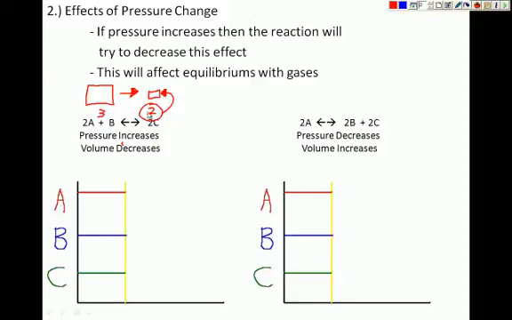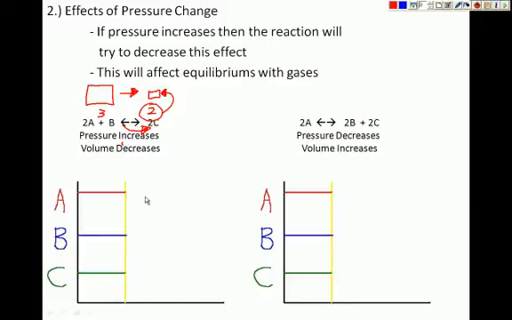Okay, so it's going to shift to the right because it has fewer particles and therefore less gas will be made. And another way you can think of it is that a smaller volume of gas will fit more easily in a smaller box. So everything is going to shift to the right.